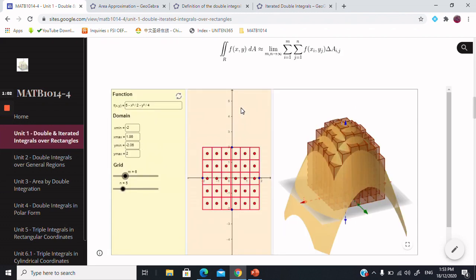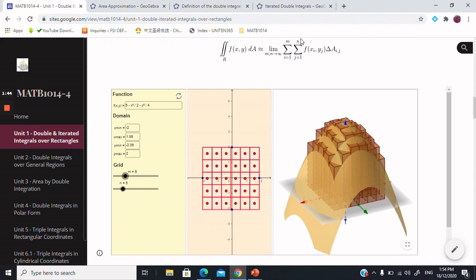We are using the same concept for double integral. If we want to find the volume below a surface f(x,y) bounded by four planes x equals a, x equals b, y equals c, and y equals d, the approximation can be done using the volumes of cuboids, where the volume is the height f(xi, yj) multiplied with the area of the base delta Aij, where i starts from 1 to m and j starts from 1 to n.